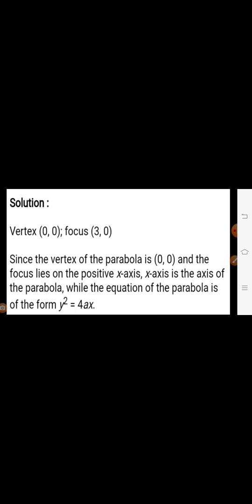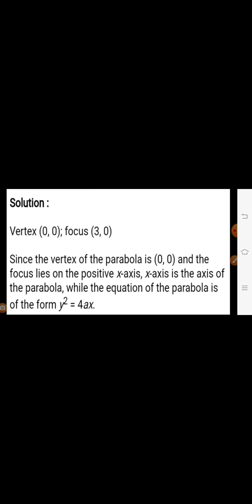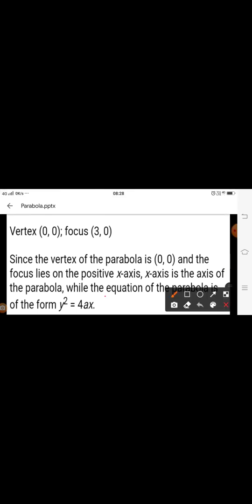Then the equation is y square is equal to 4ax, and the value of a is given. Keeping the value of a in this equation, y square is equal to 4 into 3 into x, and on solving we get the standard equation for this condition as y square is equal to 12x.